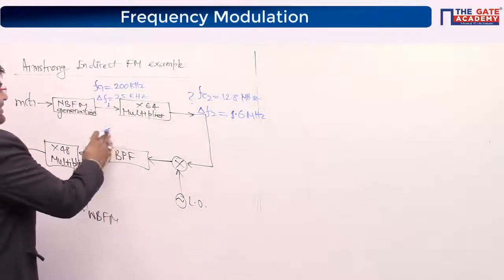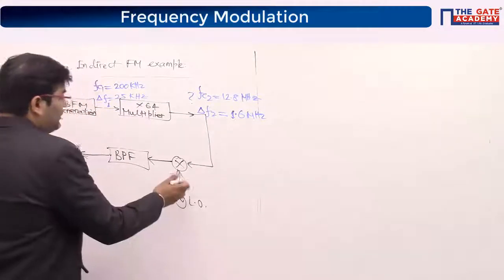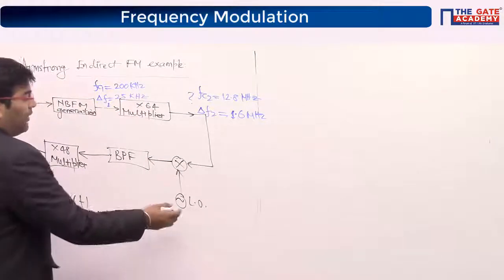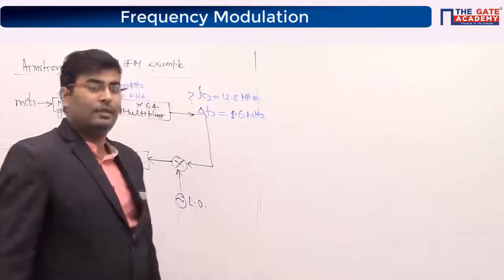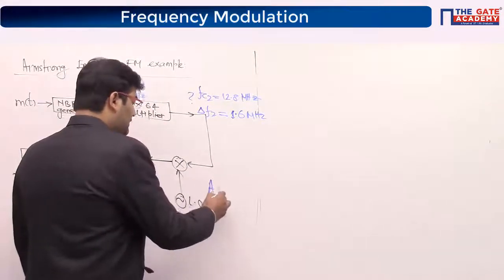This is tricky. At this place, when I multiply by a local oscillator, what will happen here? So guys, I think you might not be knowing this, right?